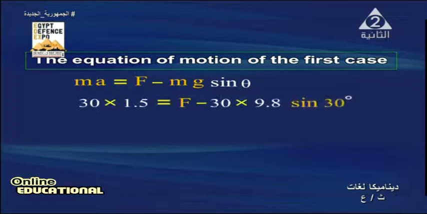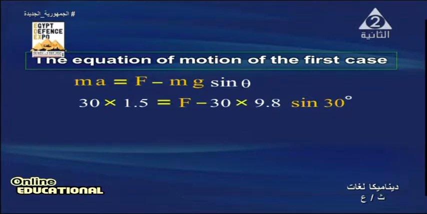30, which is the mass of the body, multiplied by 1.5, the acceleration of the body. Note that the mass is in kilogram and the acceleration in meter per second square, then the force must be in Newton.